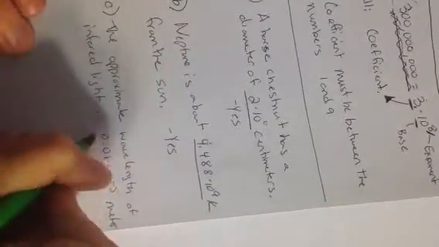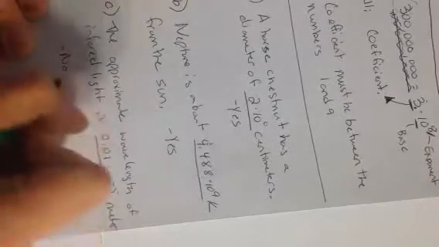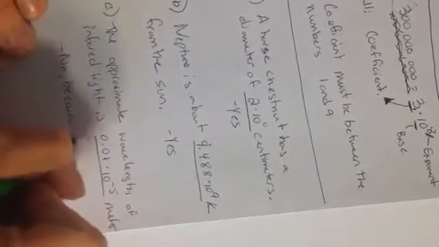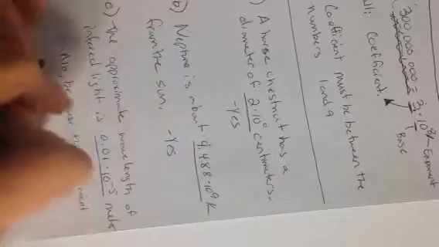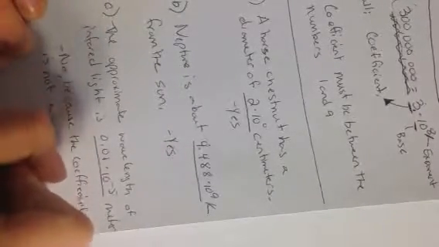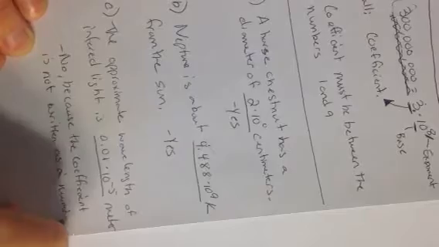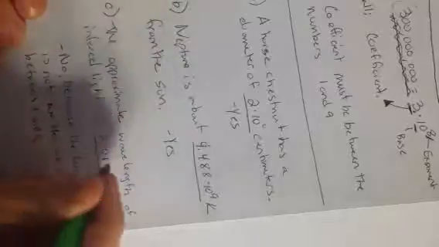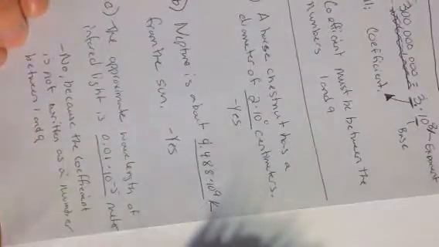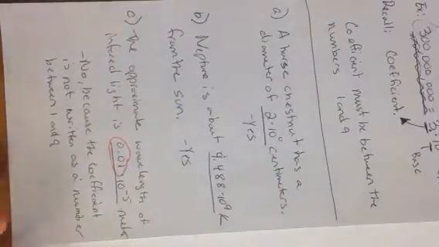So this number here, the 0.01 times 10 to the negative 5, is not written in proper scientific notation because the coefficient is not written as a number between 1 and 9. That number there has to be between 1 and 9, so that's my problem area.